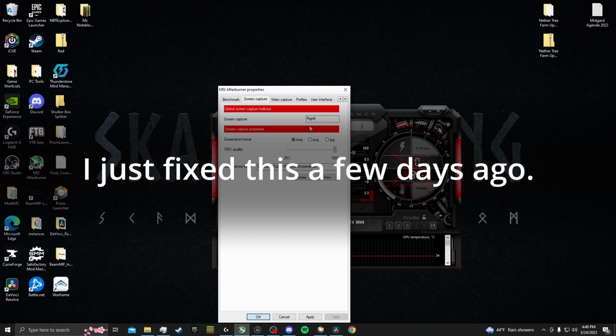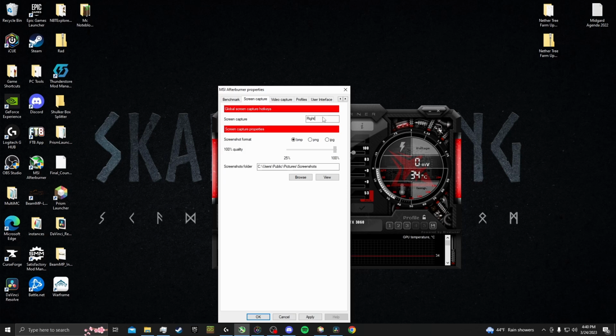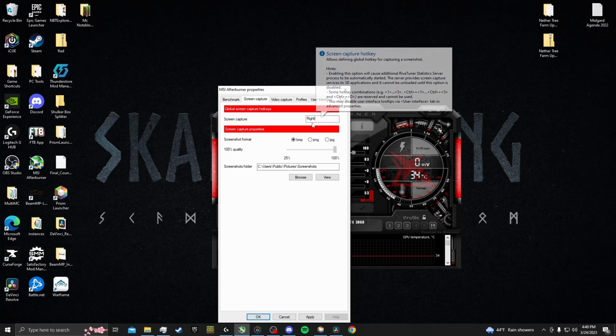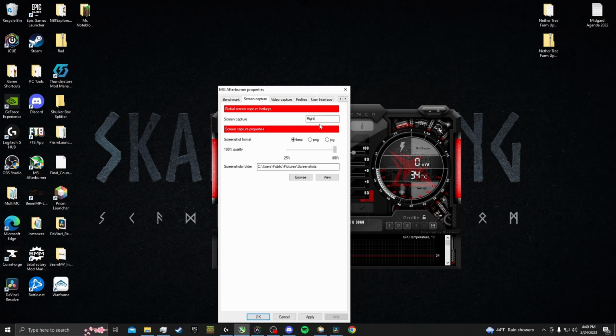So what was going on is somehow, I guess when I first installed MSI Afterburner on my PC, the screen capture got bound to the right arrow on my keyboard. And so whenever I'd press the right arrow on my keyboard, like when I'm playing different games, it would take a screenshot.